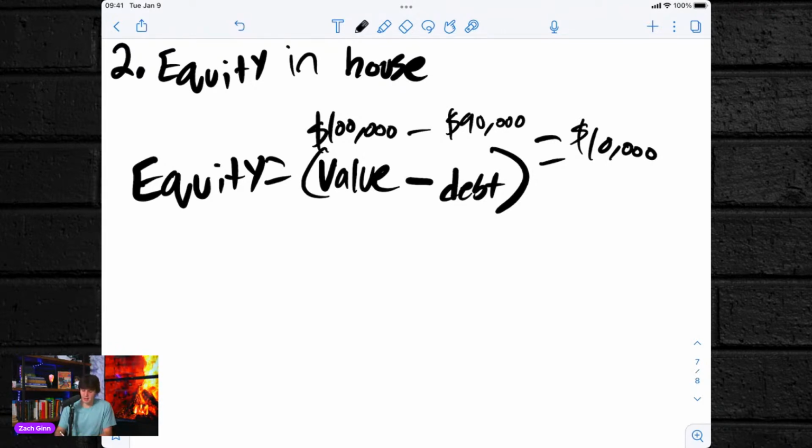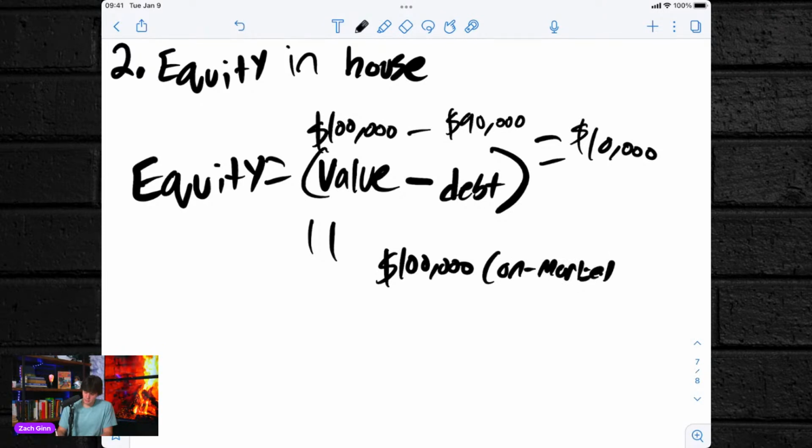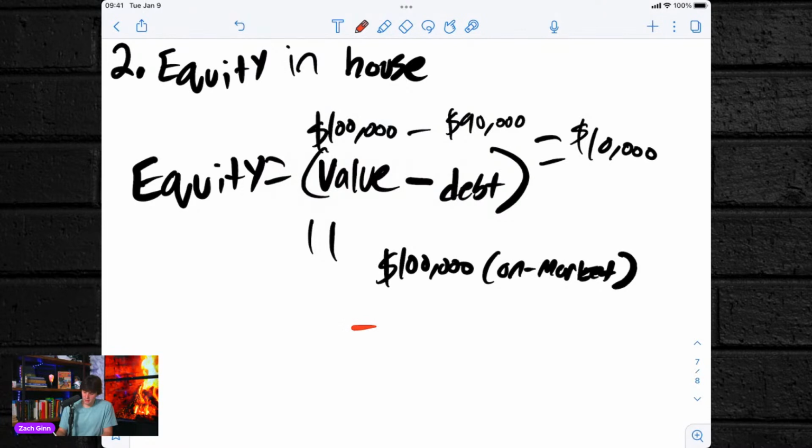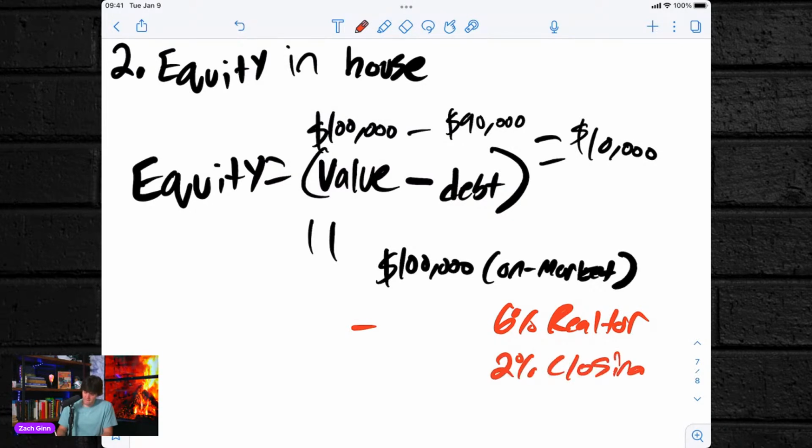So if a seller like this sold it for 100K on market, where would the costs be, right? First of all, they're going to have to pay 6% to a realtor. And let's roughly do 2% for closing. Now, it's very, very conservative, okay?